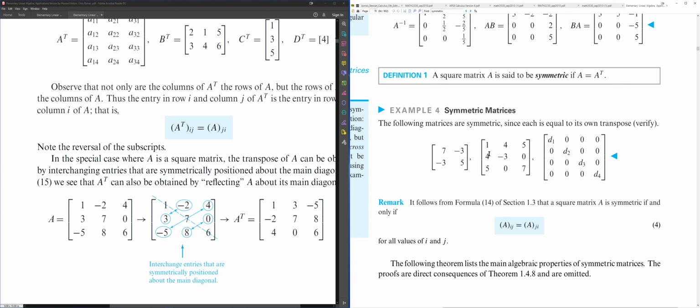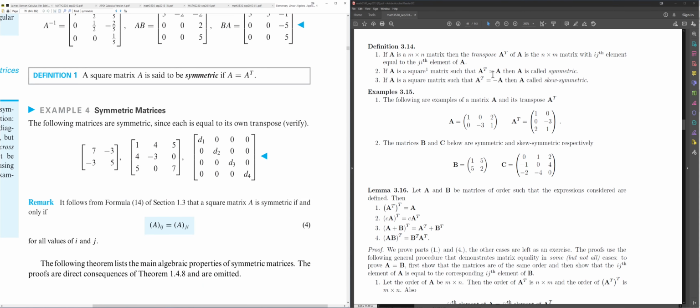If you reflect, 4 reflects to 4, the 5 reflects to 5, and the 0 reflects to 0, and likewise on the other side. So there are two ways to see if a matrix is symmetric: check the symmetry of the entries across the main diagonal, or work out the transpose and check that A transpose is equal to A.